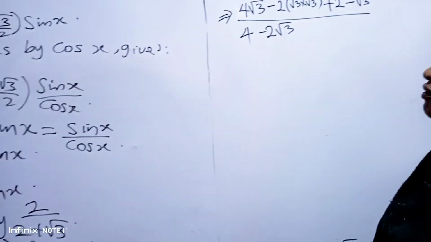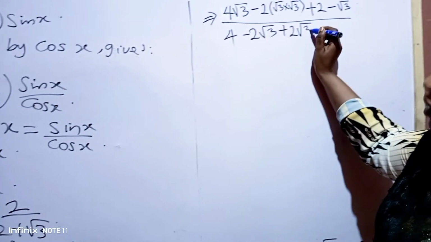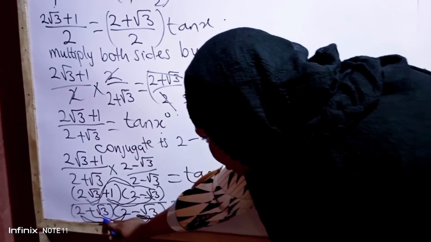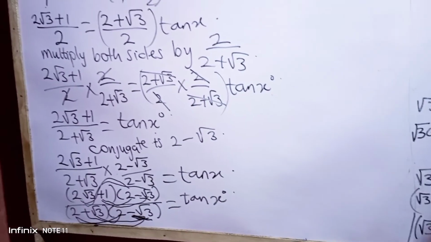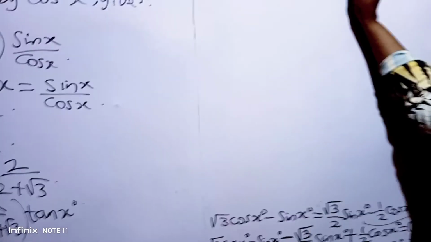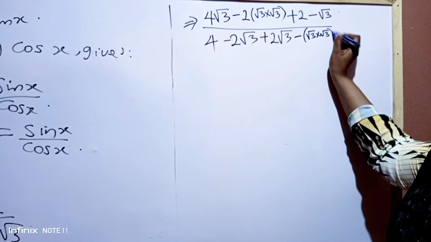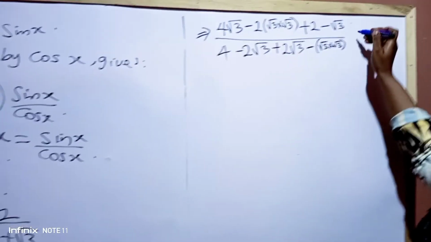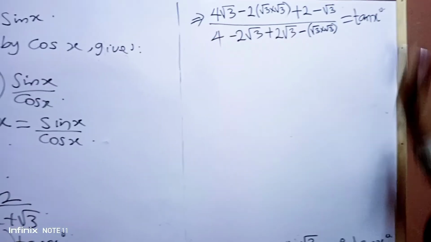So I have plus 2√3. Now the next thing is that I'm going to use this plus √3 to multiply minus √3. So plus times minus will give me minus. So √3 multiplied by √3 is going to give me 3. So everything is equal to tan x degrees.